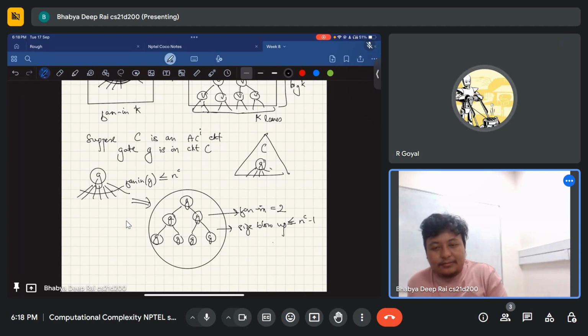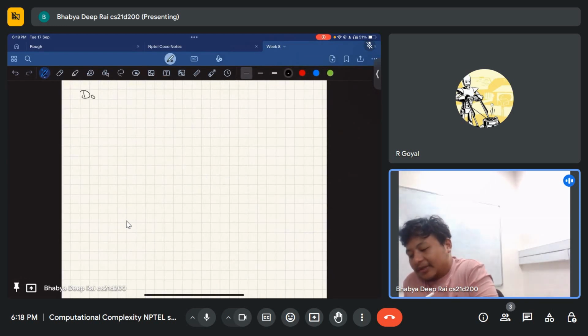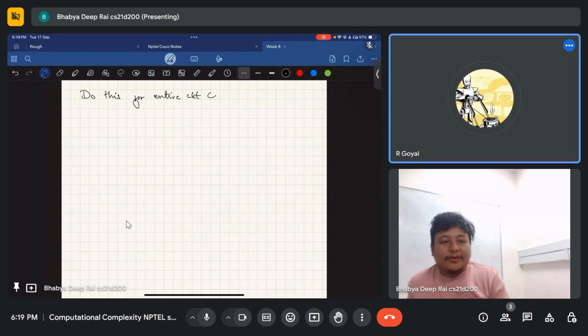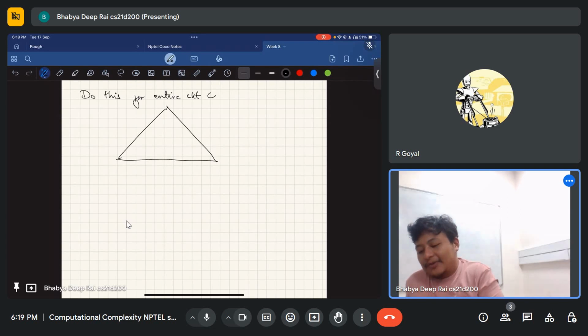So now the thing is, do this for the entire circuit C. What is the size blow up?